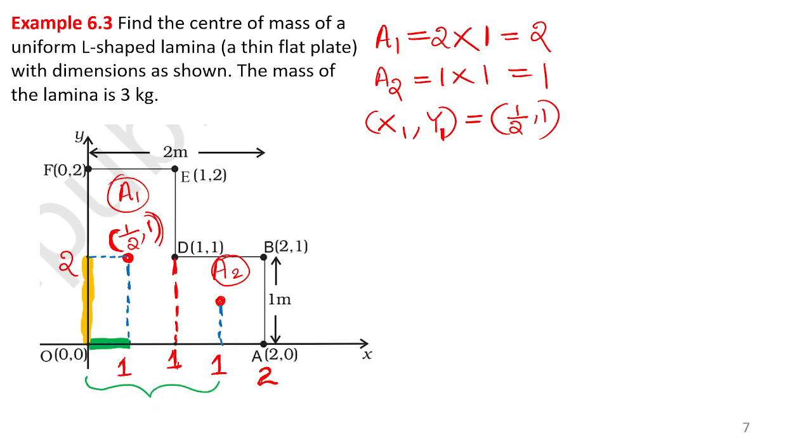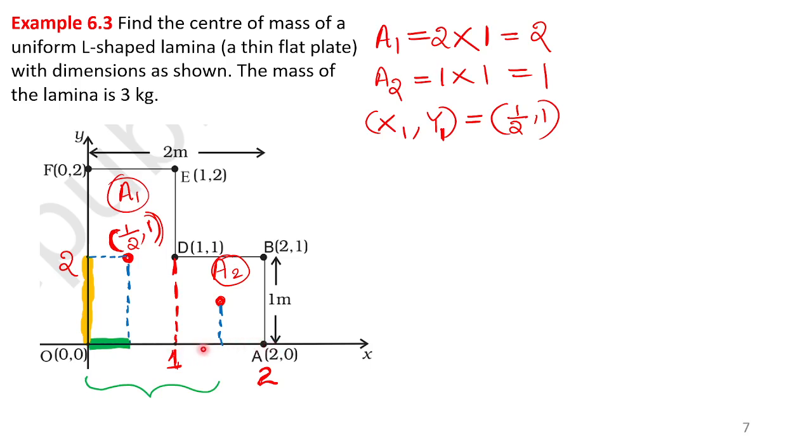I cannot highlight further. Let me delete some unnecessary numbers from this diagram. This distance is 1. You agree with me? This distance is 1 and this distance is 1 by 2.